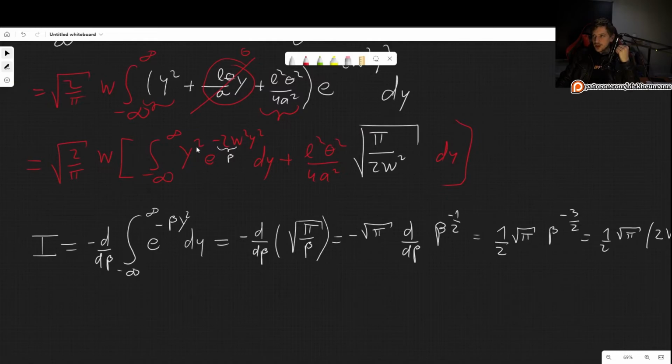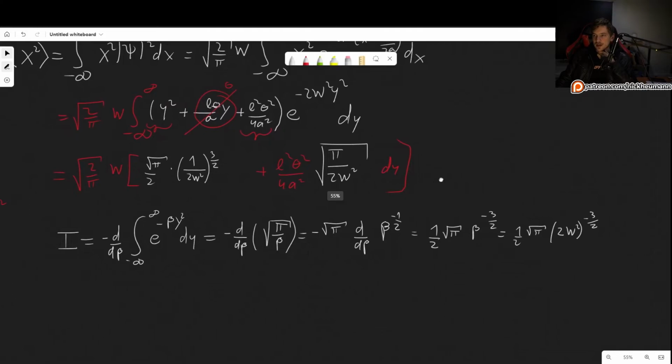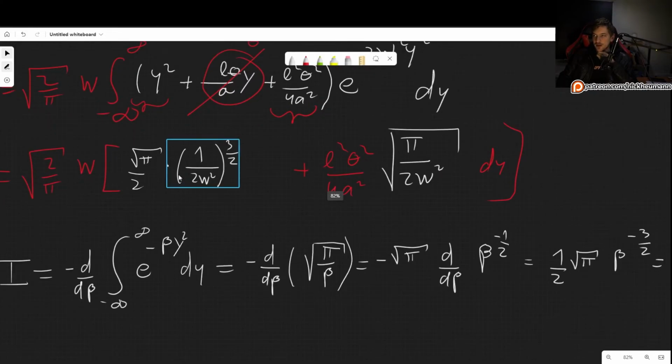So let's plug it back in here. So that thing is square root of pi over 2 times 1 over 2w squared to the 3/2 power. Okay, so there we go. And now let's see what we can simplify.